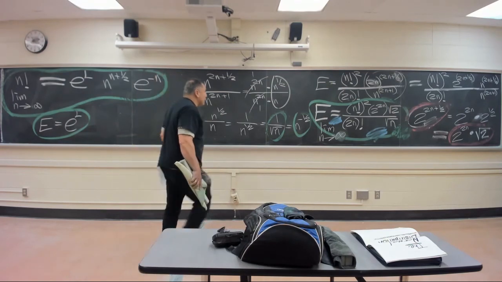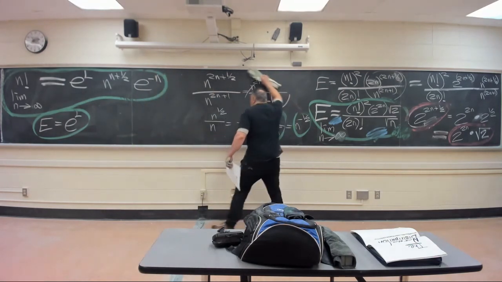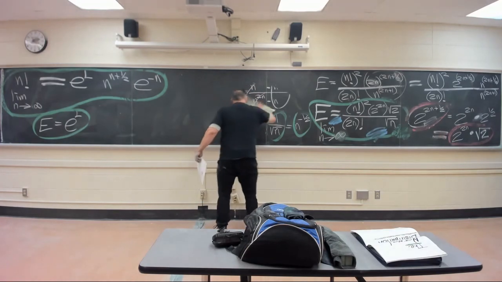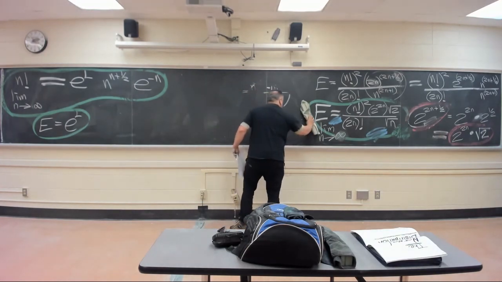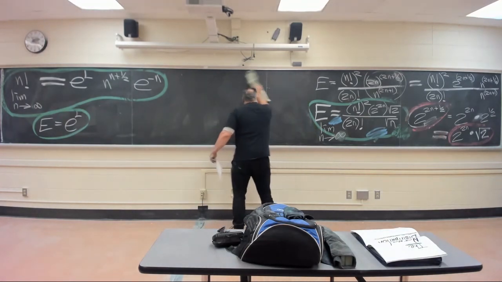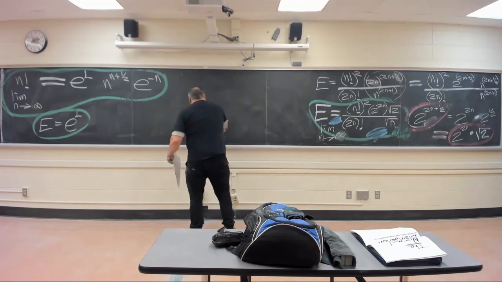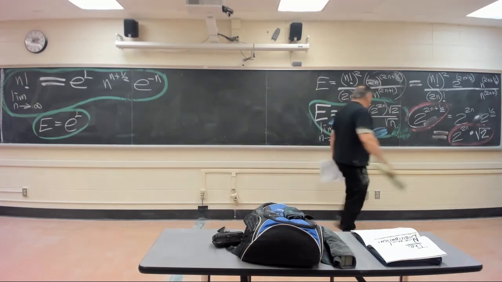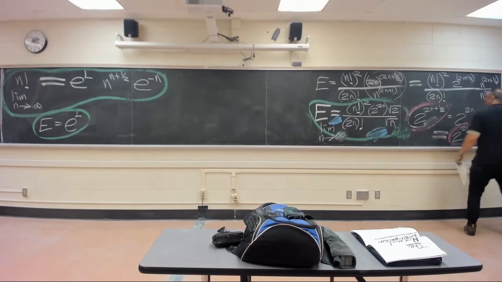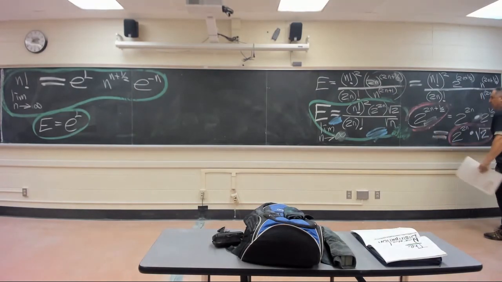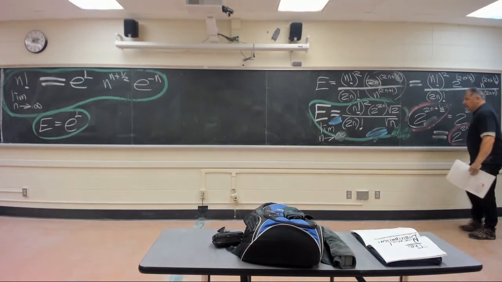Everything looks pretty good. We still don't have an answer, though. I mean, we've got an answer, but it's kind of shrouded in mystery. Can we take this infinite product, this ratio, as n goes to infinity? This stuff is crazy.